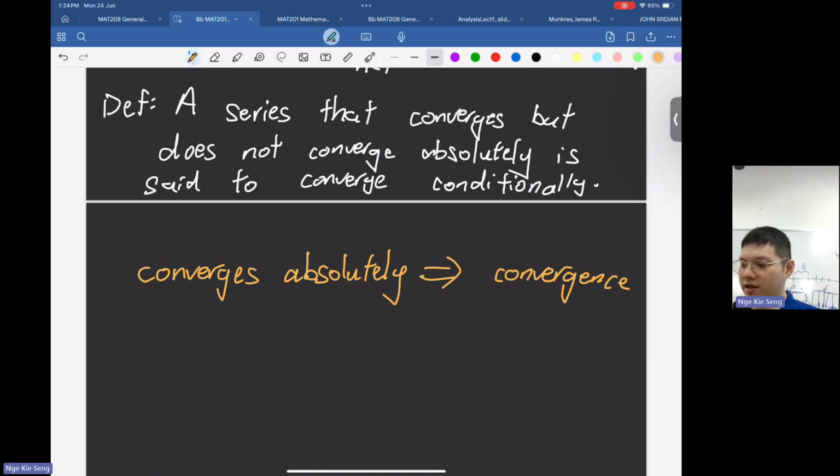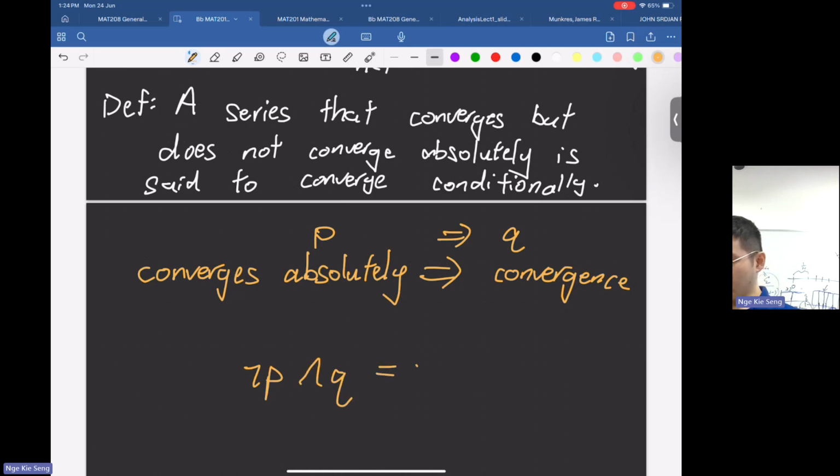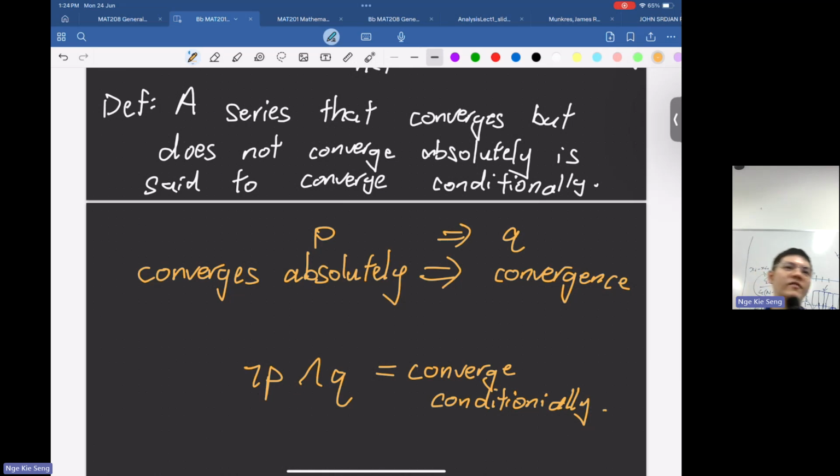So here is P implies Q. If not P and Q, then this is what we call converges conditionally. If you have P, you must have Q, but you can have not P and Q still happens, then it converges conditionally.